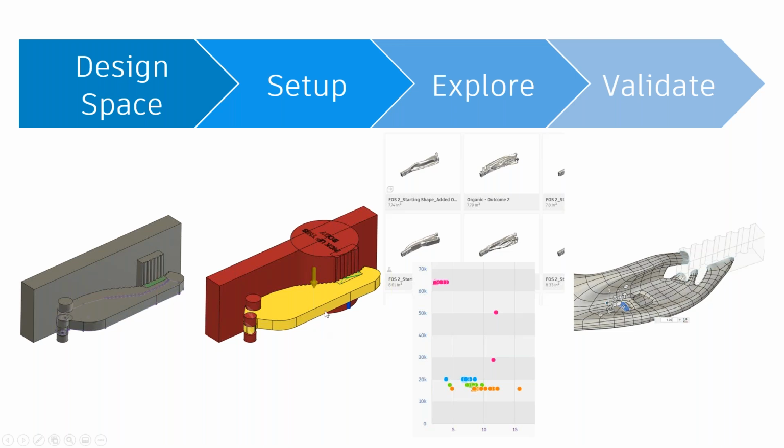And you see here you also have the option, it's not mandatory, but in some cases it's recommended, to use a starting shape, the entity that you see in yellow. Then we will generate a bunch of outcomes, and then we will do our trade-off. We will select a couple of outcomes.